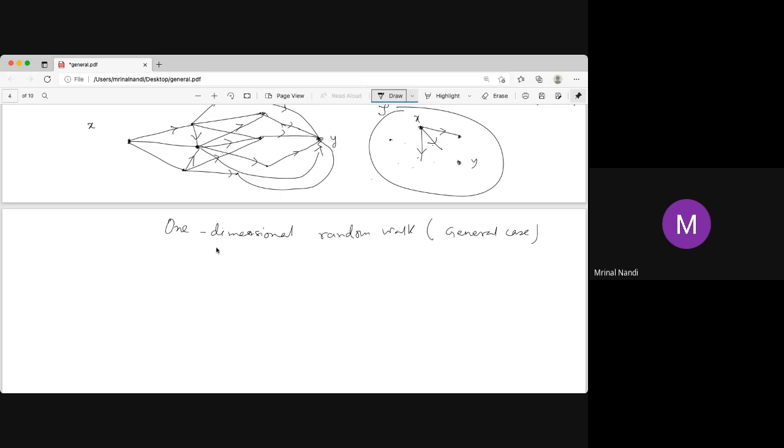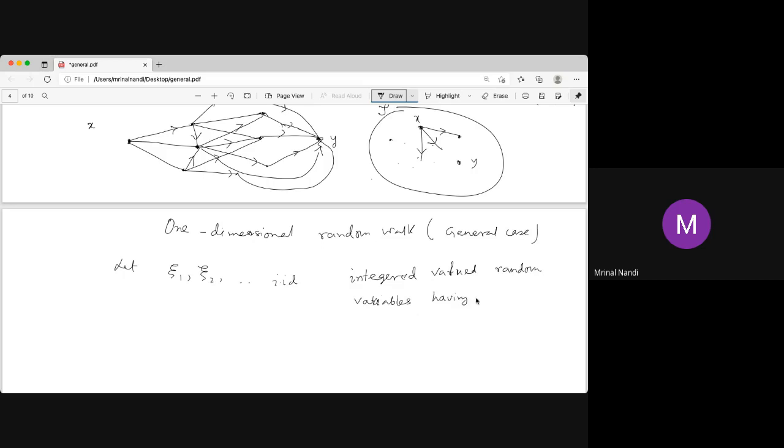What is this? Take some random variables xi1, xi2, a sequence of integer valued random variables. That means the state space is integer valued. They are IID, so they have a common density.